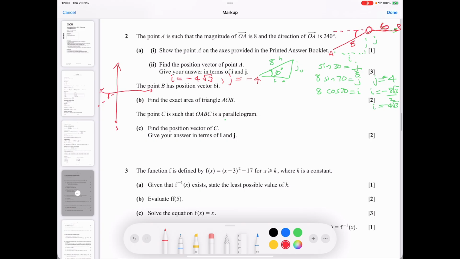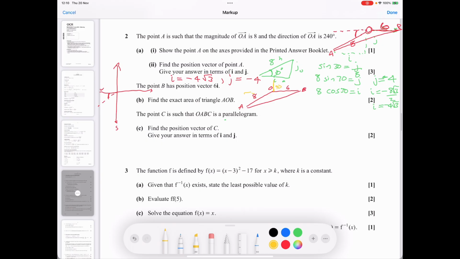So find the exact area of triangle AOB. So this is that bit there. We only need one more thing, so we've got 8 and 6. So if we redraw this triangle, this is 8, this is 6. This is B, this is A, this is O. Now we know that this bit here is 90, okay?